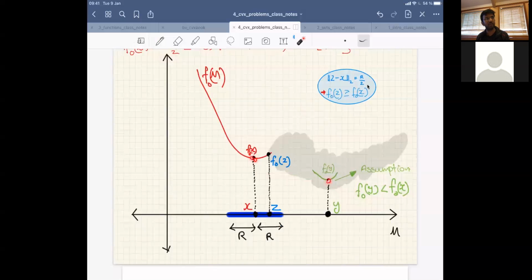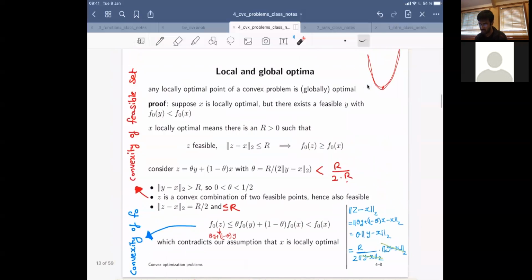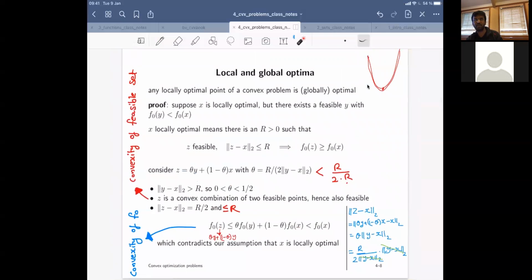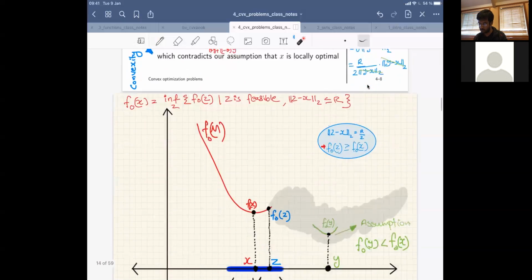So if you find a local minimum for a convex function, then you cannot find another point taking a value less than that, provided that the constraint sets are feasible. So this is the point where we say that if you have a problem where the objective function is convex and the feasible region is convex, then the problem is called convex. And this is very important because any local minimum will be a global minimum.